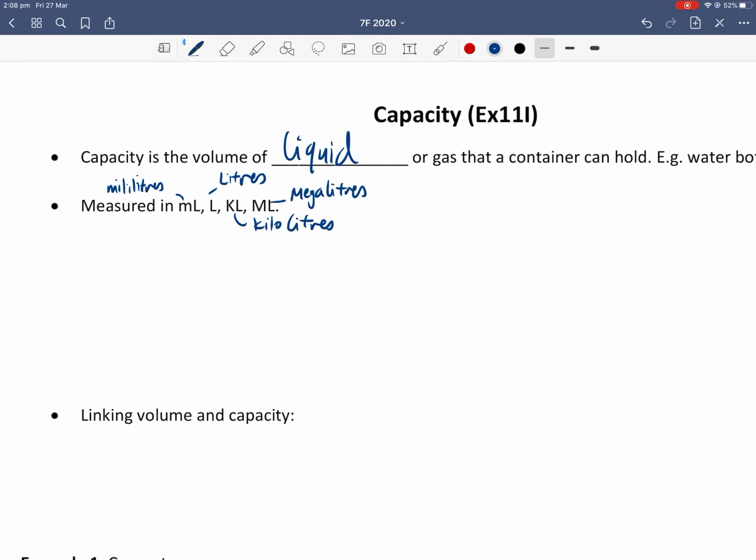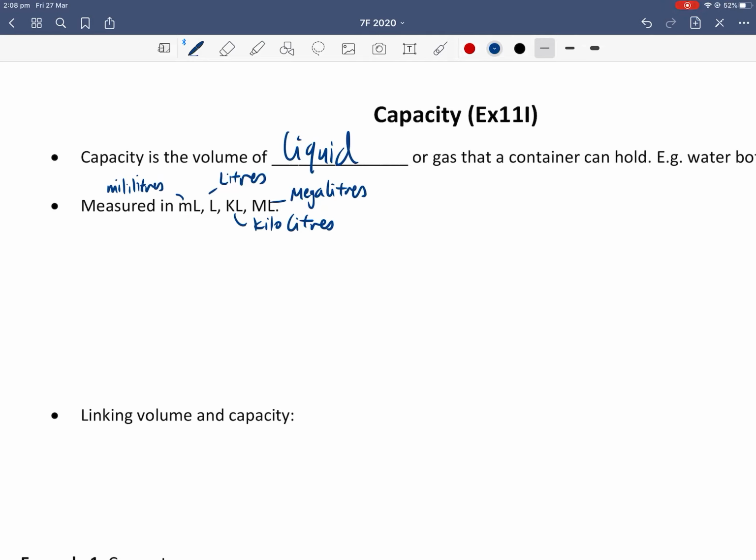In real life, milliliters would be the size of your popper or your small milk which you buy from a tuck shop, which is like 500 milliliters. Liter is more for like a 2-liter bottle of milk. Kiloliters would probably be the amount of water in your backyard pool, and megaliters would possibly be when we went to Chandler for a swimming carnival, those Olympic-sized pools.